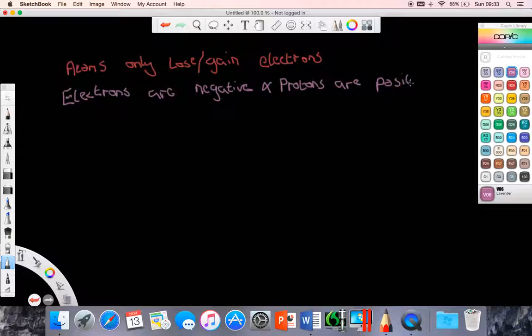So if we've got an atom, let's say for example, off the top of my head, we'll go with sodium. Okay? Sodium has 11 electrons. Okay? Therefore, it's got 11 protons. Now, we can work this out quite quickly because we can say that sodium is in period 3. So, it's in period 3, so it's got its nucleus. The fact that it's in period 3 tells us that it's got 3 shells.